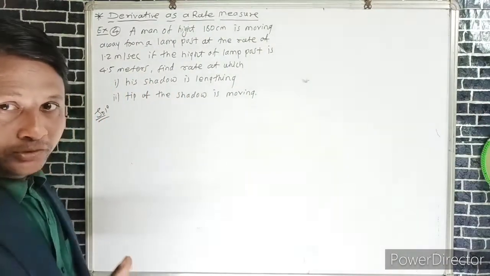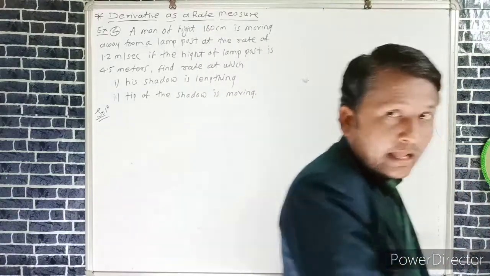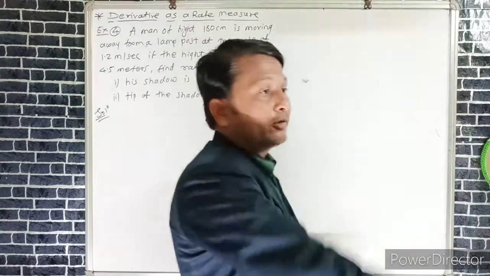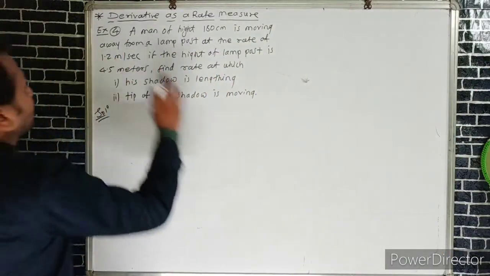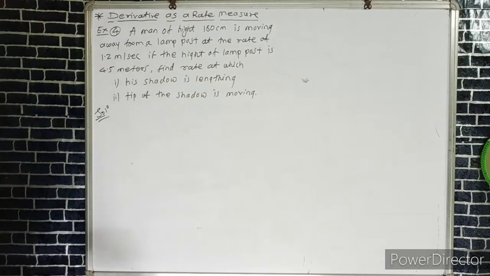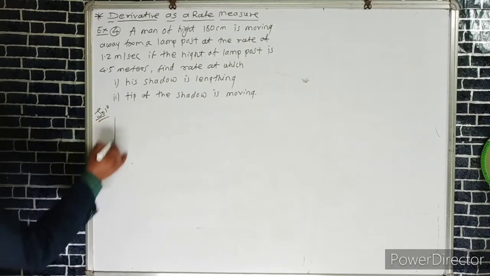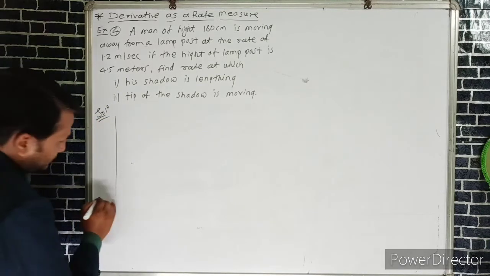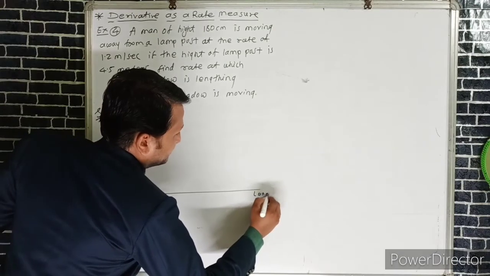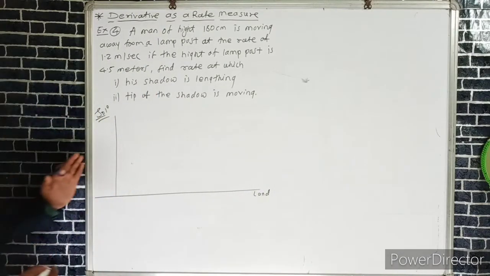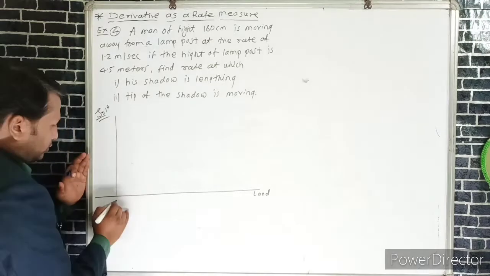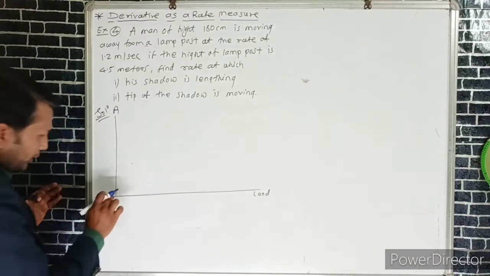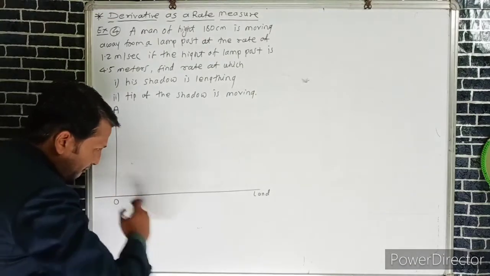If we consider this is a lamp post, and this is a man, then OA is the lamp post, and the man is moving away from the lamp post.